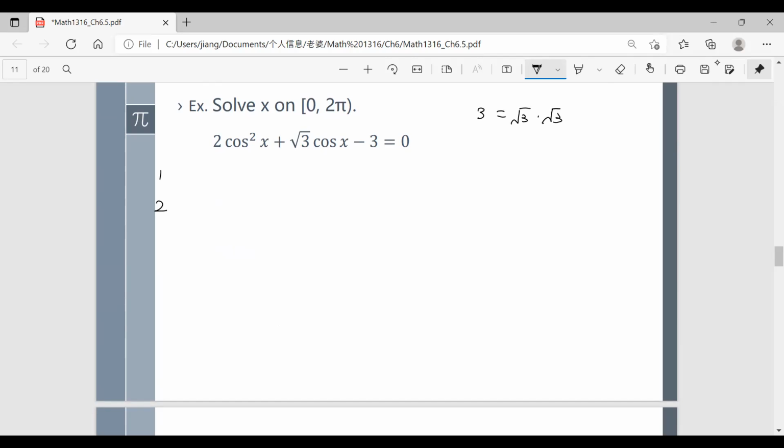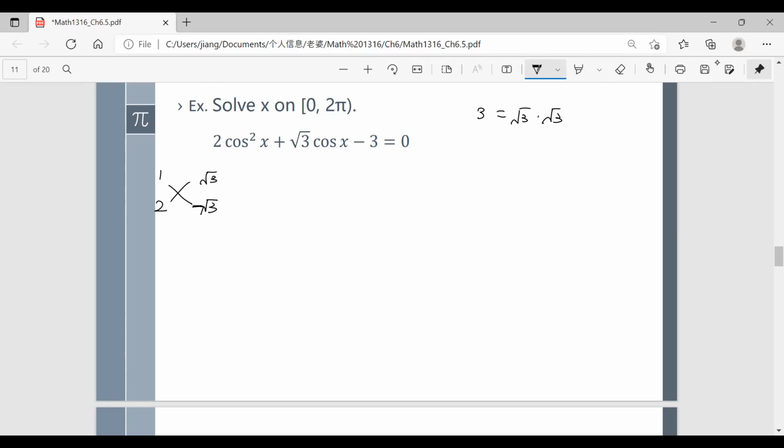And the -3 equals square root of 3 times square root of 3. And where should I put the negative sign? Here is a positive square root of 3. That means I need to have the negative sign here because of cross multiplying.